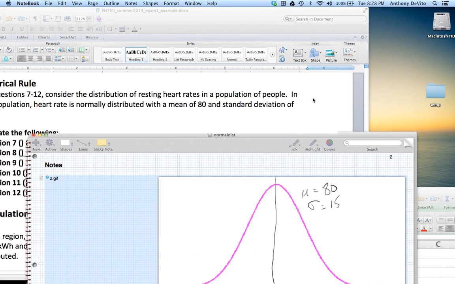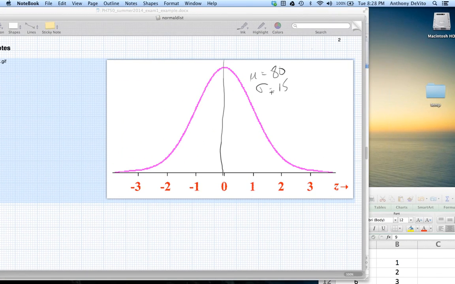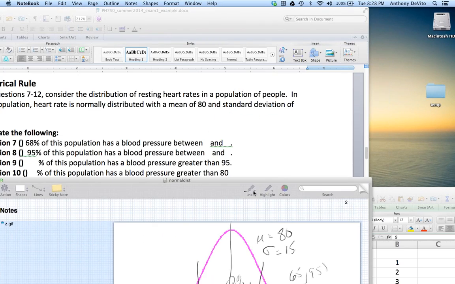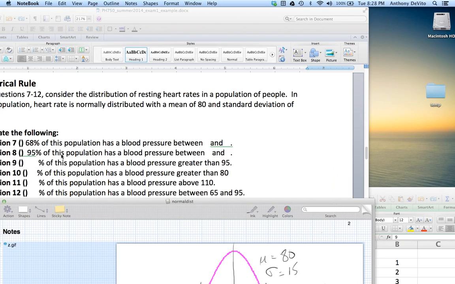Well, I know that 68% of a normally distributed population is going to be between one standard deviation below the mean and one standard deviation above the mean. So in this case, it would be 80 minus 15, or 65, to 80 plus 15, or 95, right? So I would put 65 to 95.